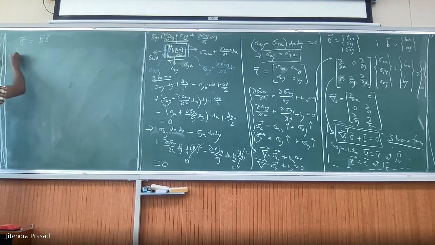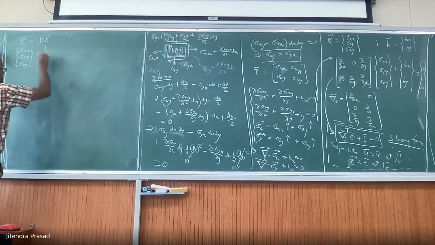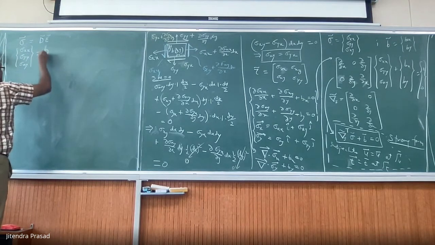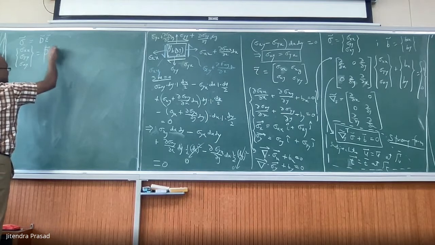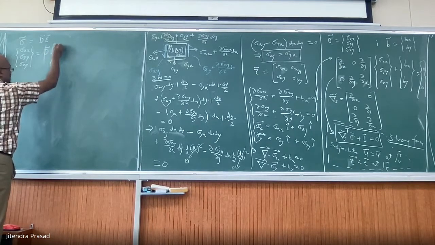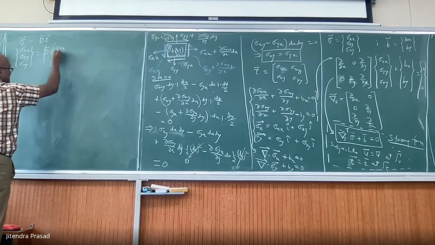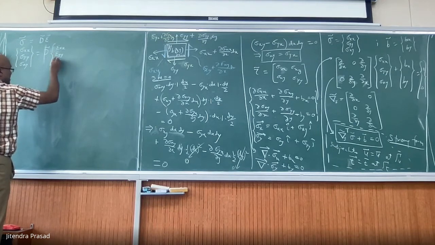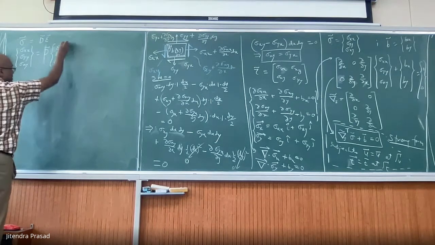Sigma is, for example, sigma XX, sigma YY, sigma XY, equal to some D that we have to find out, times the strain epsilon XX, epsilon YY, epsilon XY.